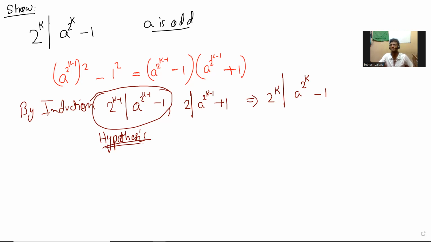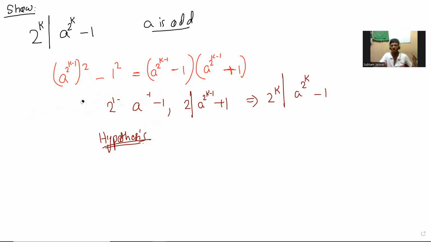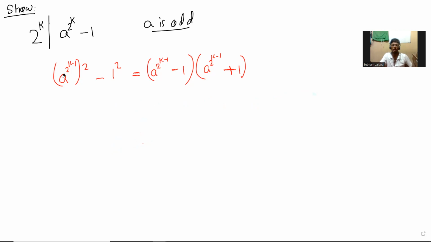Okay. Fine. All right. So this is just a good extension. How we spotted this was last day we were investigating this for the power 2 to the 4, I think, right? 2 to the 4 divides a to the power 4 minus 1, something like that. And there we guessed a more general, I mean, a tighter result.